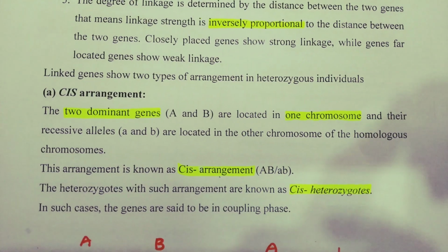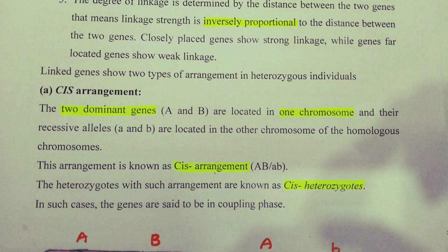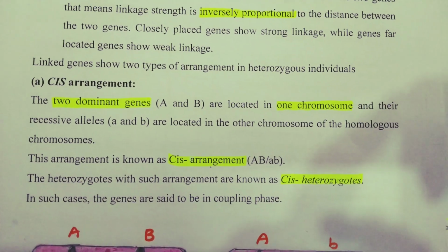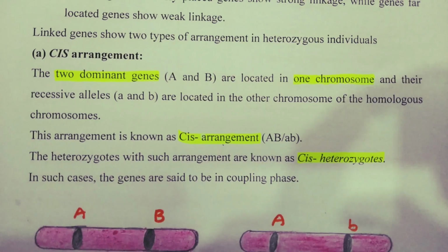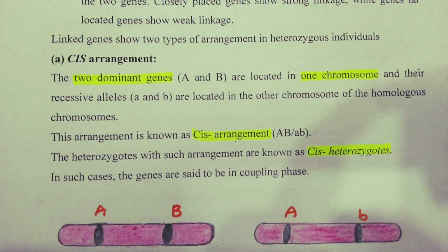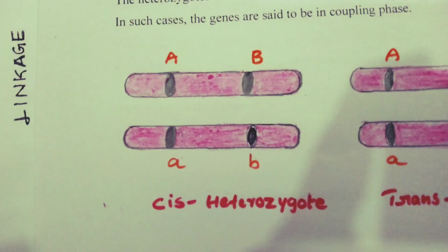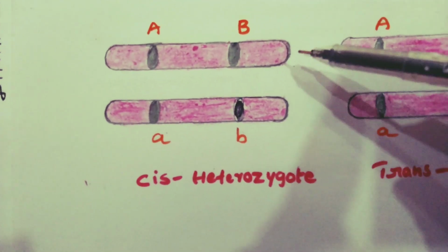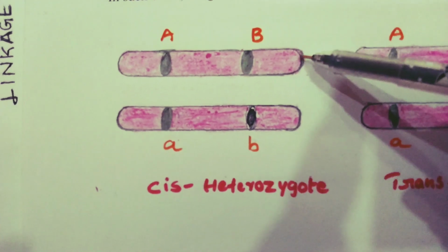Linked genes show two types of arrangements in heterozygous individuals. Let's see the first arrangement, that is cis arrangement. The second one is trans arrangement. The first is called cis arrangement, or cis heterozygote. Why?